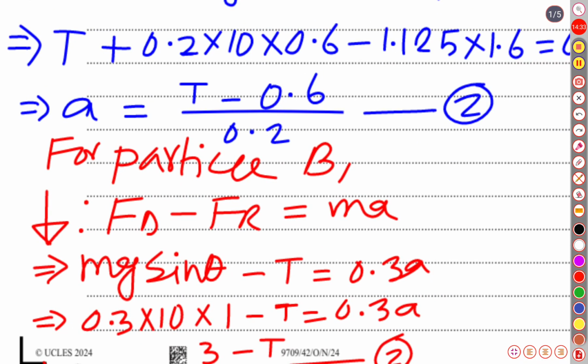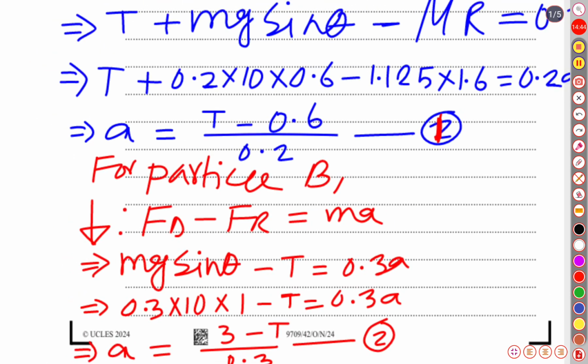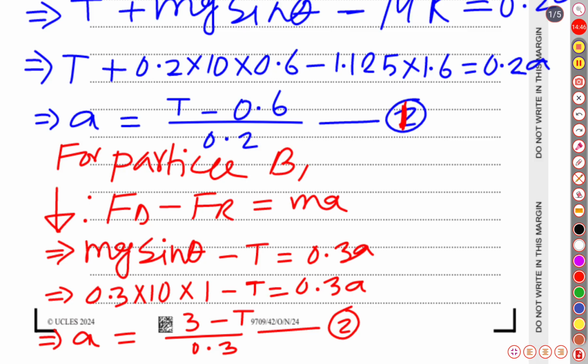It should be equation number 1, not 2. It is equation number 1 and this is 2. If we observe both the equations, the left side of each is acceleration, so the right side must be equal.